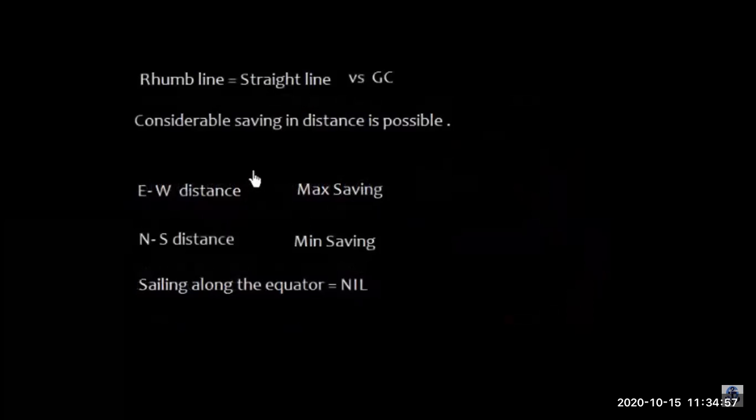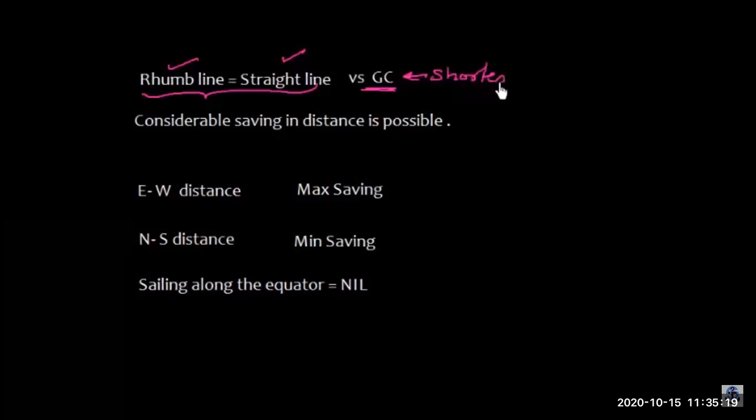Hence the shortest possible distance is the great circle distance on the Earth. And the rhumb line distance, or straight line distance, is always more for large distances. So great circle is always the shortest distance.